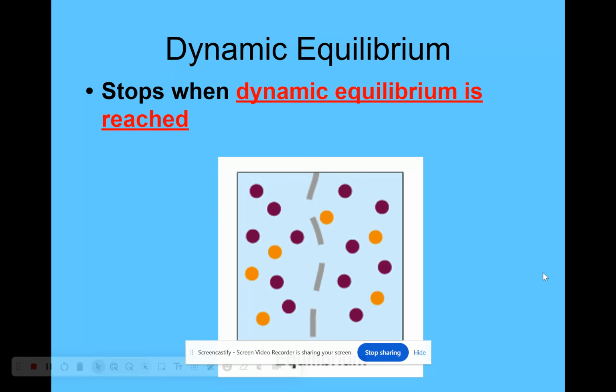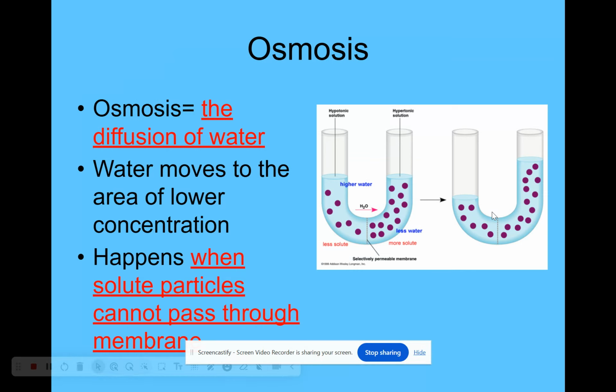So when we're moving stuff, this is what we call diffusion. So I just always remember dots equal diffusion. If I'm looking at the dots and I want to know where the dots are moving, that's going to be what we call diffusion. Now that's different from osmosis. By definition, osmosis is the diffusion of water.